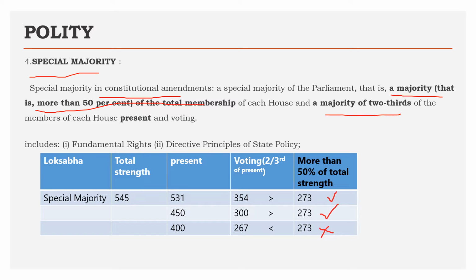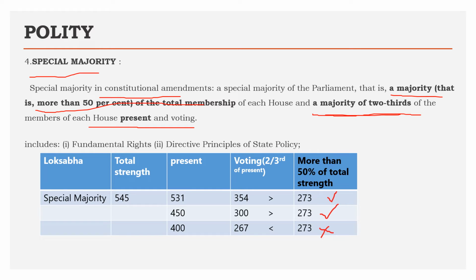First criteria is you need to have the majority, that is more than 50% of the total membership support. And second, you need to have 2/3 of the members present and voting in each house support.